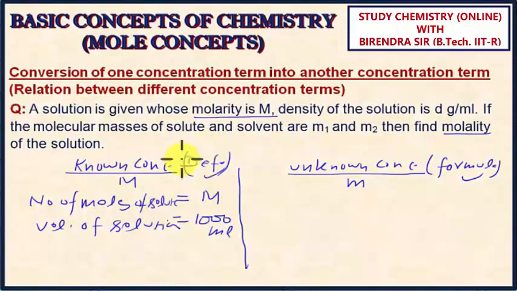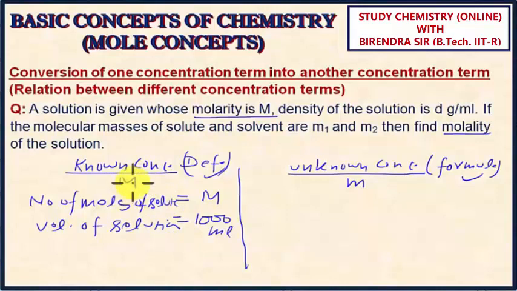So with the help of the definition, I am able to write two data. I repeat, definition of molarity is, whatever I am reading out, I am writing. Molarity is number of moles of solute present in 1000 ml volume of solution.